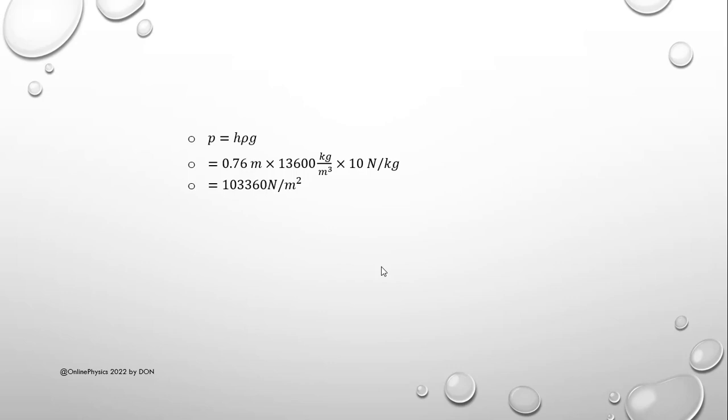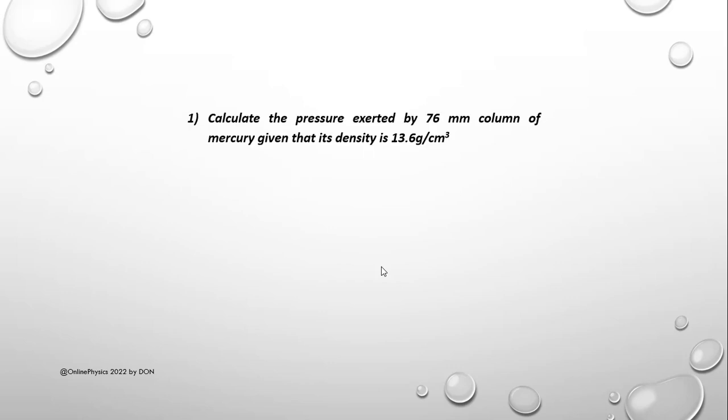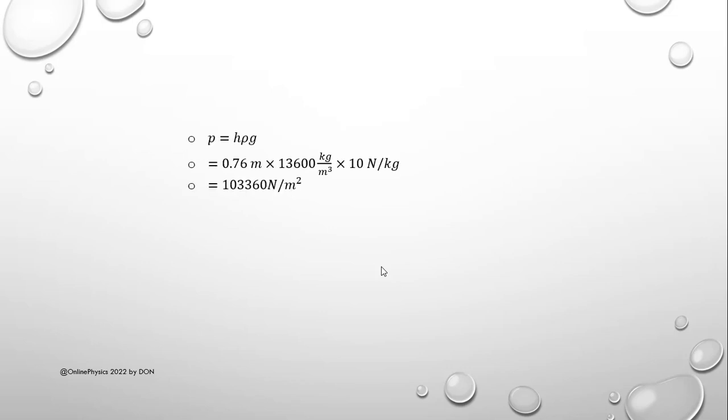Then times the density, which is given as 13.6 grams per cubic centimeters. Times 1000, it will be 13,600 kilograms per cubic meter times 10 newtons per kilogram.